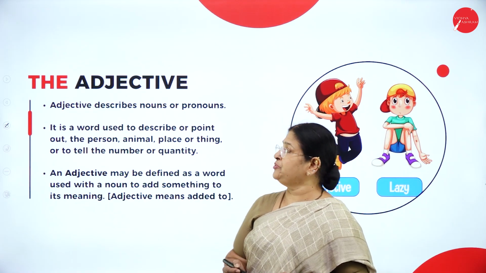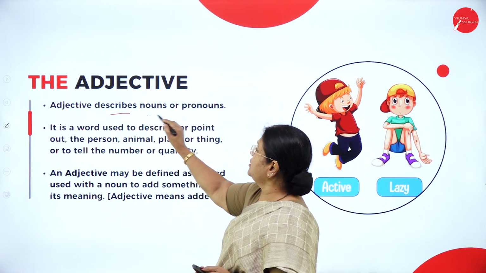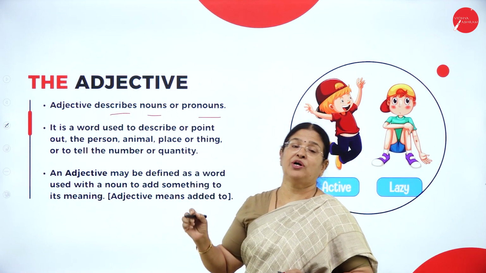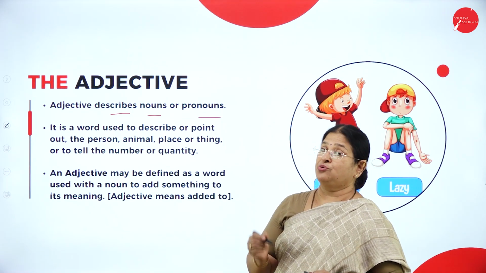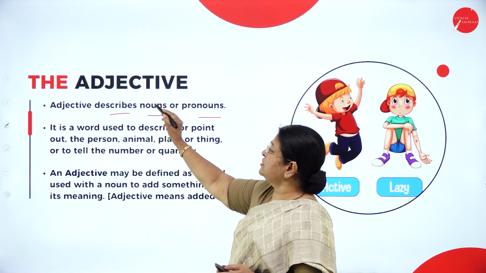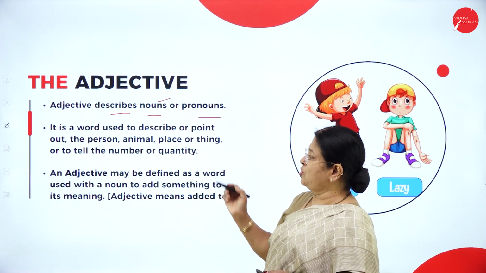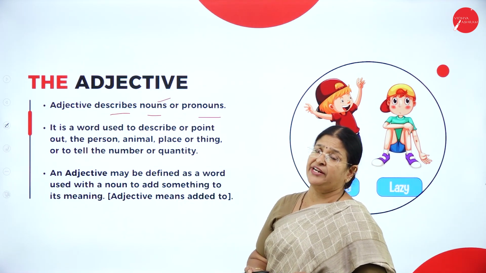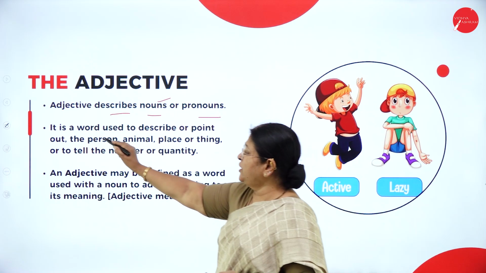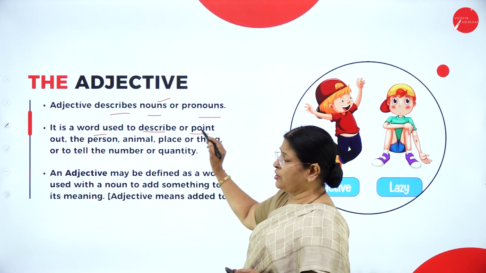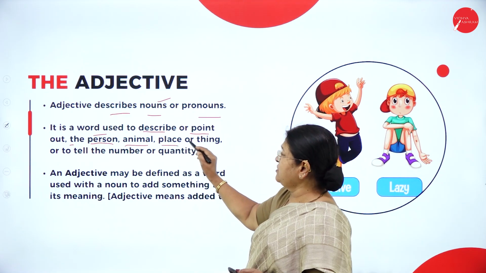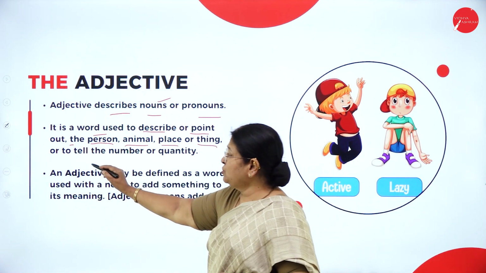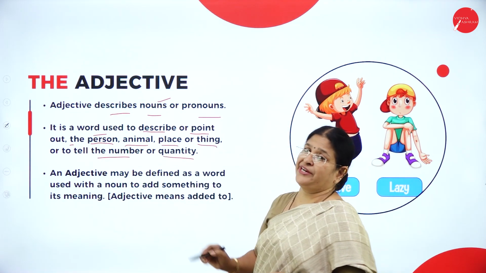What is an adjective? An adjective describes nouns or pronouns. A word that takes the place of a noun is called a pronoun. So an adjective describes nouns or pronouns. Or you can also define it in another way. It is a word used to describe or point out the person, animal, place or thing, or to tell the number or quantity.